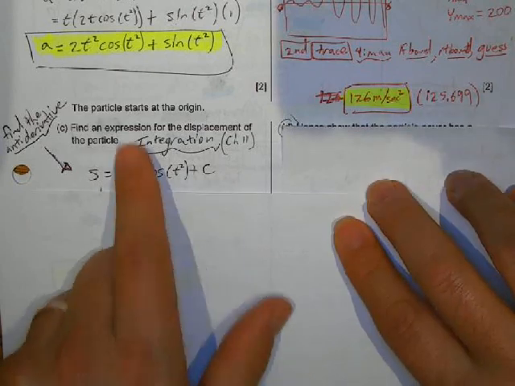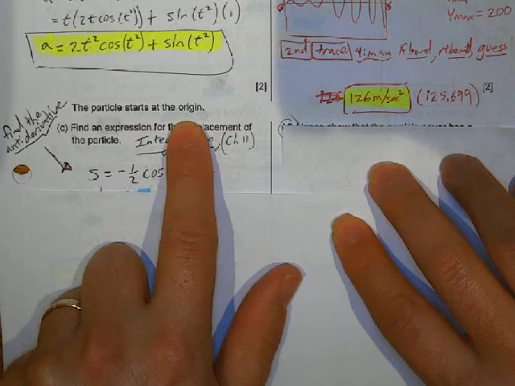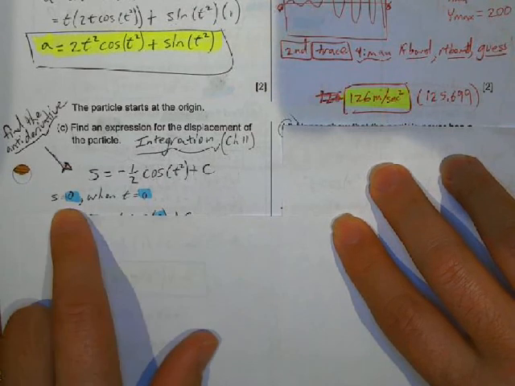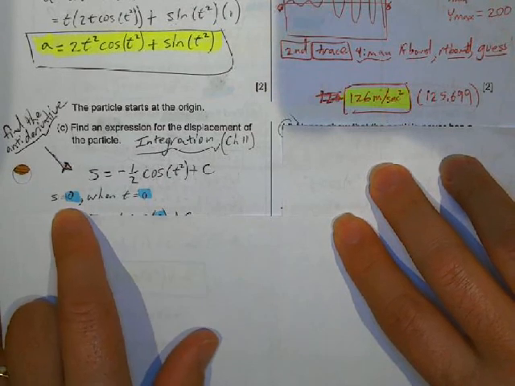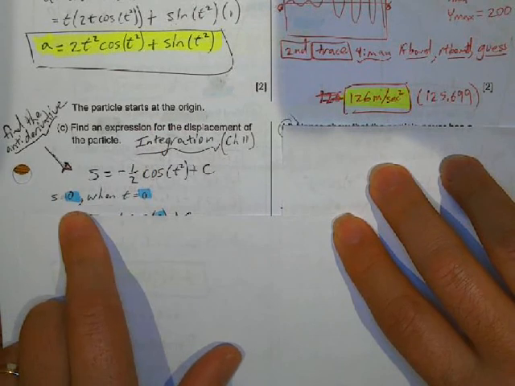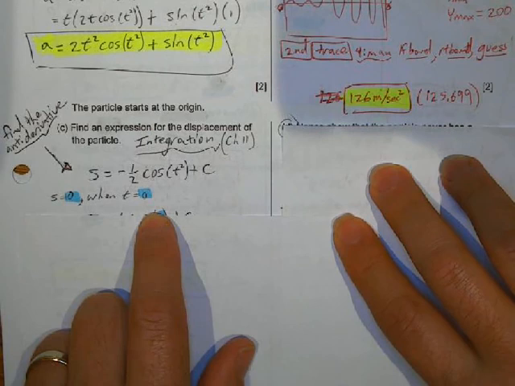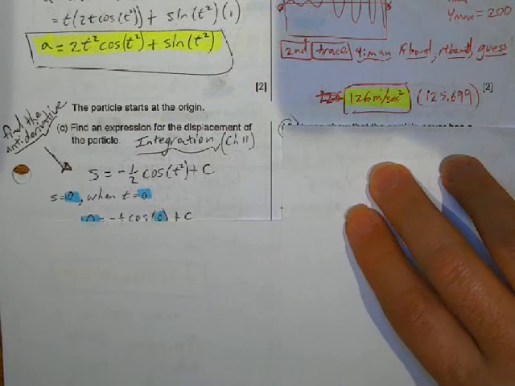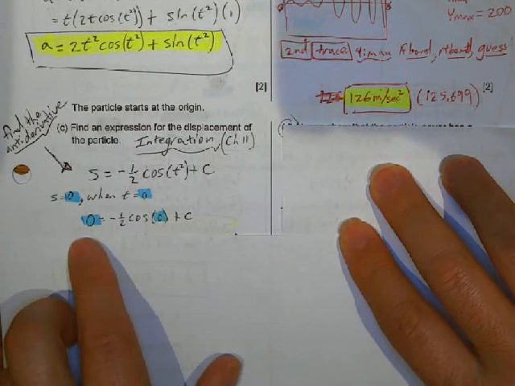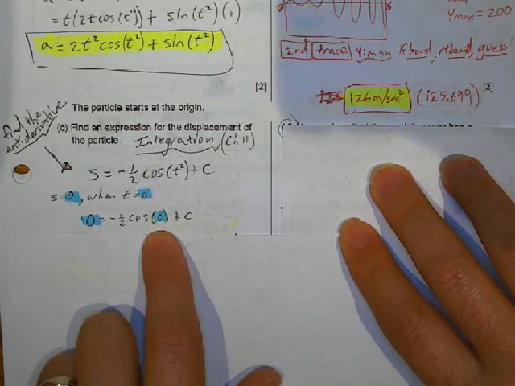The particle starts at the origin. So that means at time 0, the location is 0. I place 0 in for s, and 0 in for t.